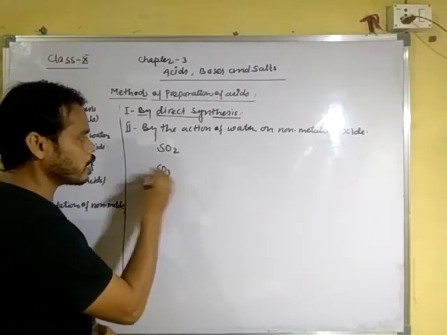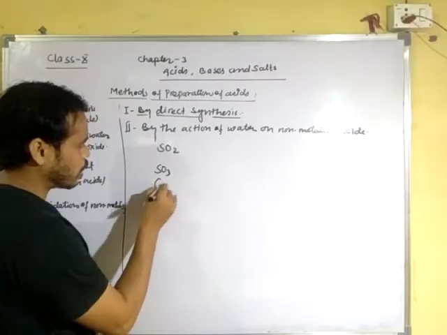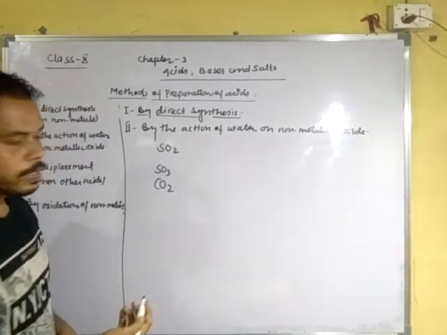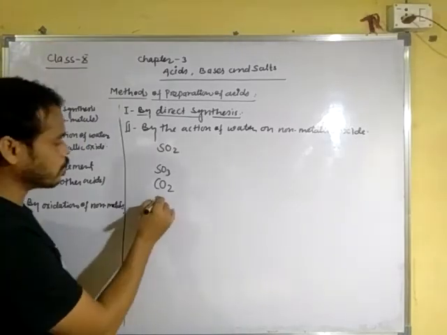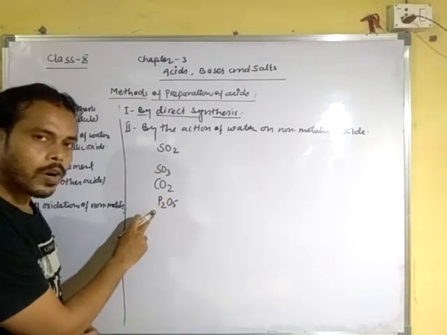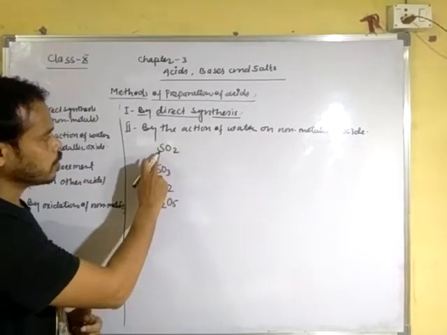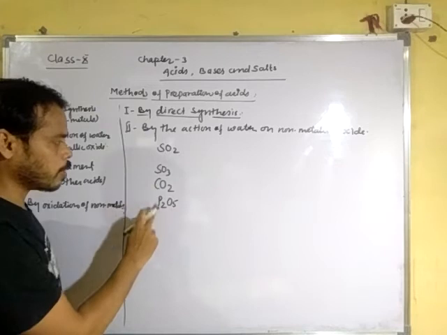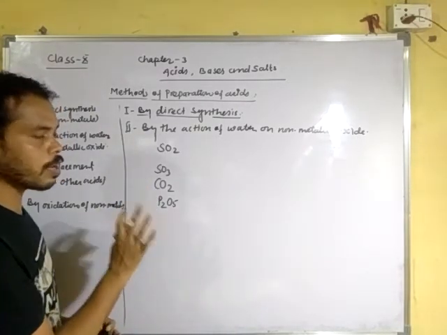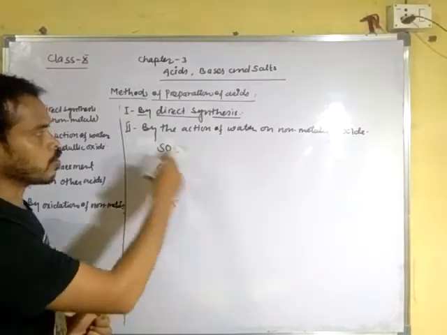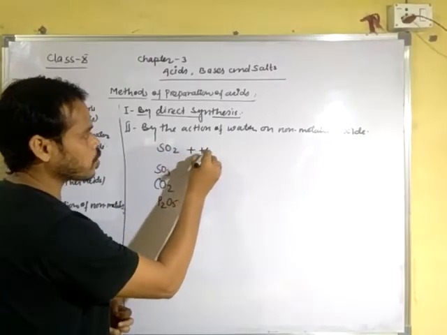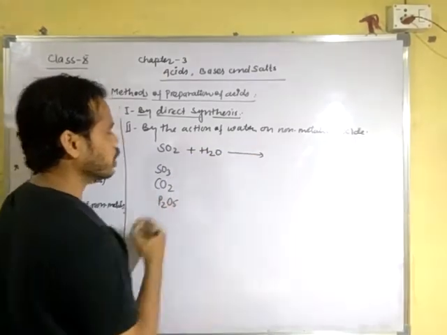Sulfur trioxide and carbon dioxide are also non-metallic oxides. Likewise P2O5: phosphorus is a non-metal combined with oxygen. Sulfur, phosphorus and carbon are non-metals, so these are called non-metallic oxides, and water reacts with them to form acid.